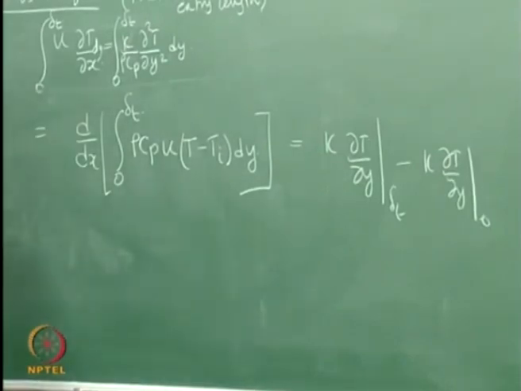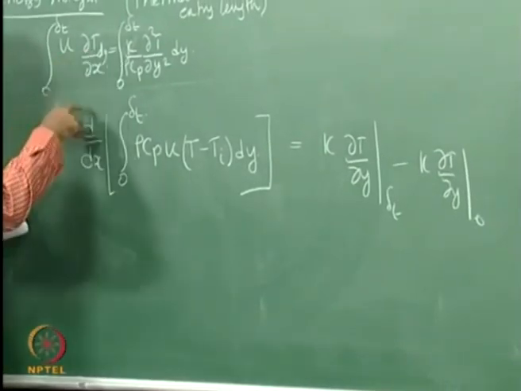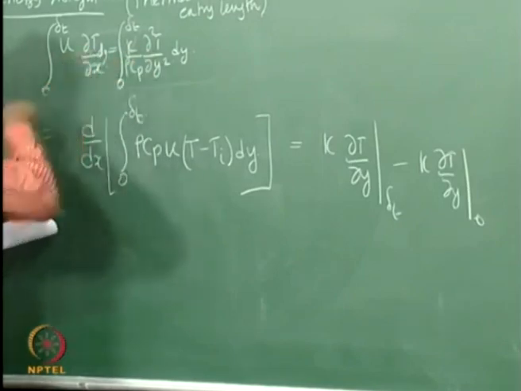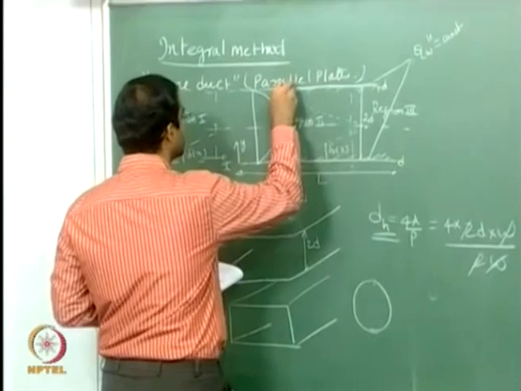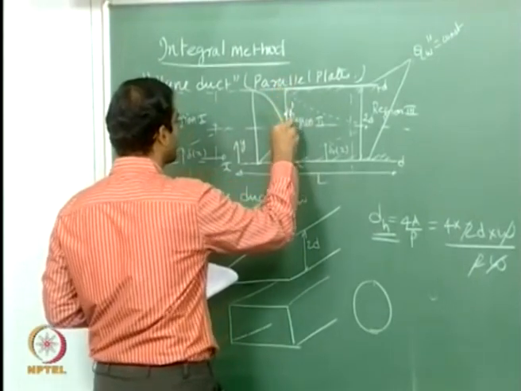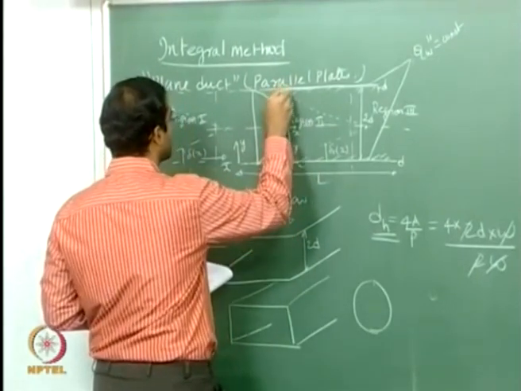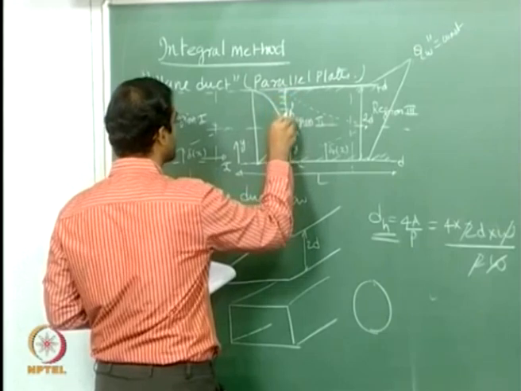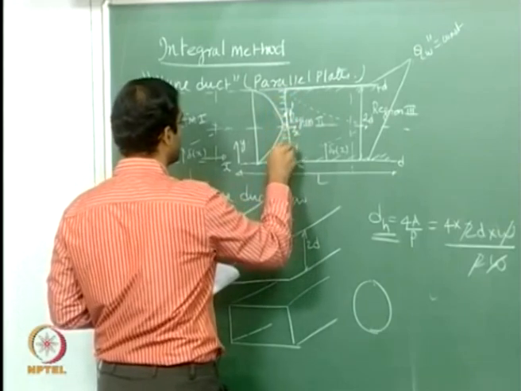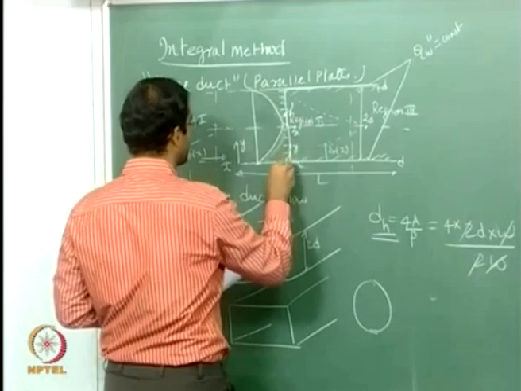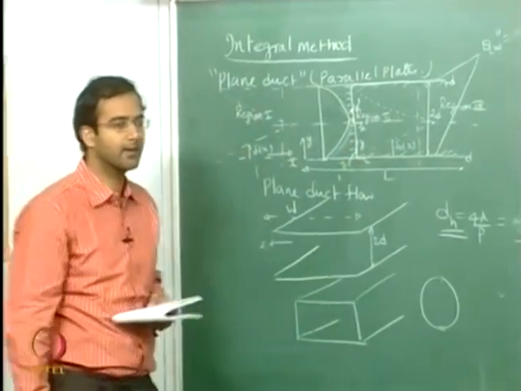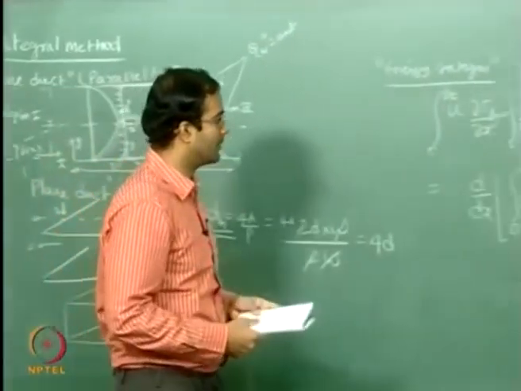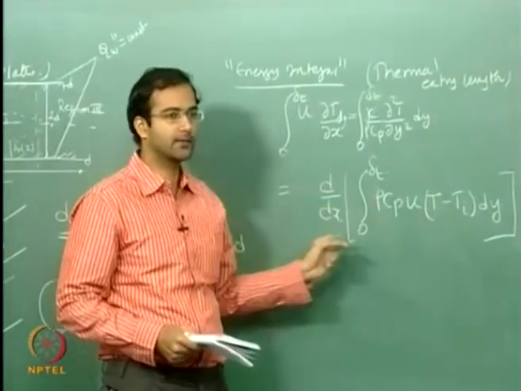So I have just introduced T minus Ti on both sides, because Ti is the inlet temperature. You can assume that the temperature profile at x equal to 0 is uniform, and this temperature is basically Ti. So there is no harm in introducing Ti into the derivative.